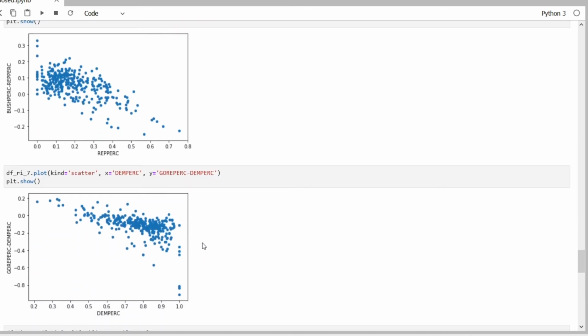In this fourth county, this looks this way because this is a very Democratic region. So we have a lot of precincts with a low percentage of people who voted for the Republican Party, and a lot of precincts with a high percentage of people who voted for the Democratic Party.